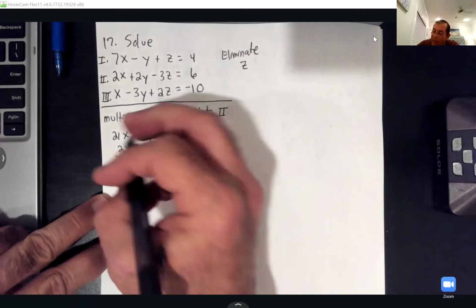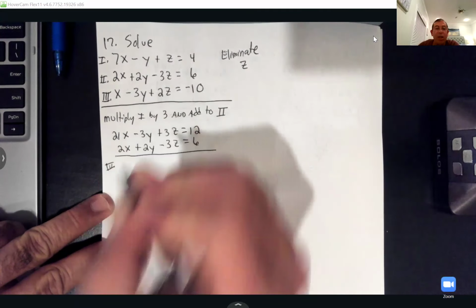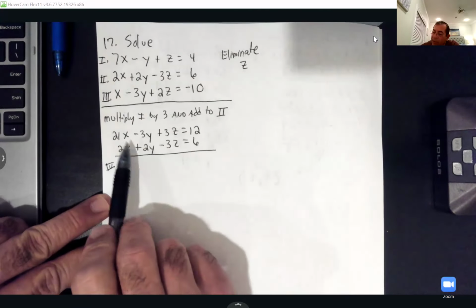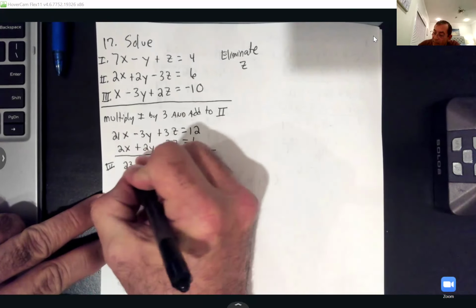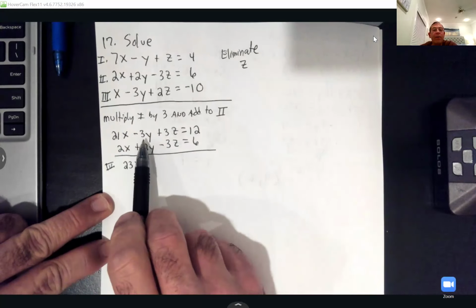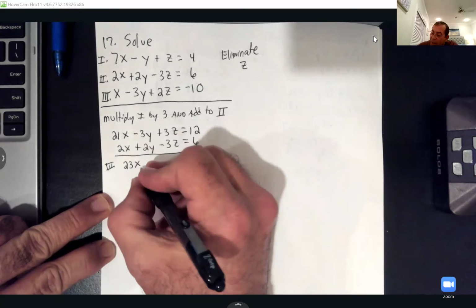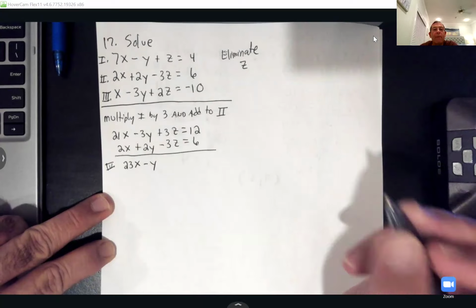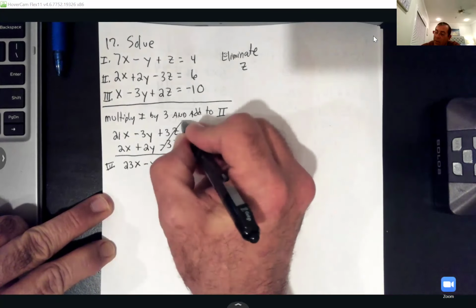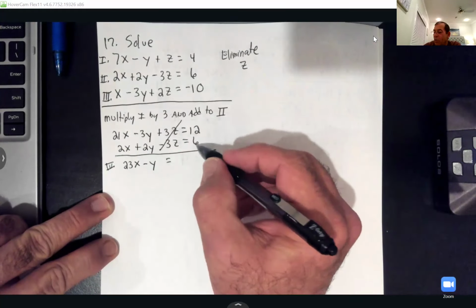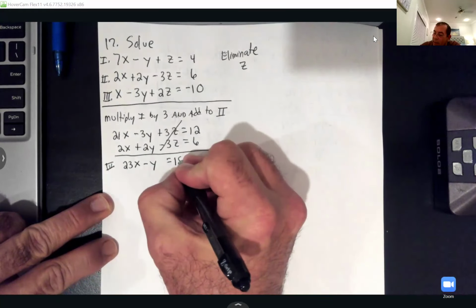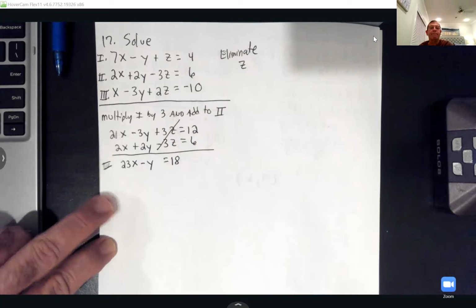Now, when I get through adding these, this will be my new equation number 4. So let's see what we got. 21 and 2 gave me 23x. But right here, negative 3 and 2 give me a negative 1y. But y'all, the z's cancel. And then on the right side, 12 and 6 give me 18.